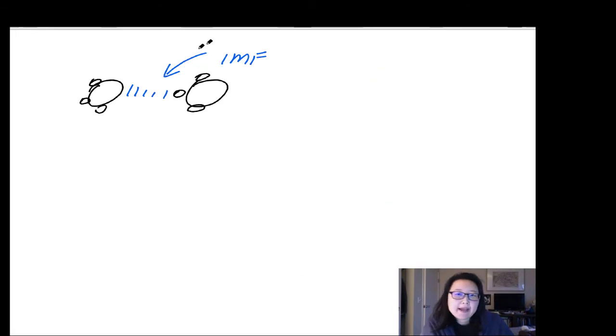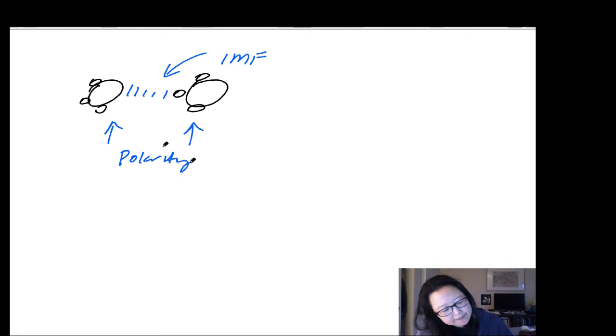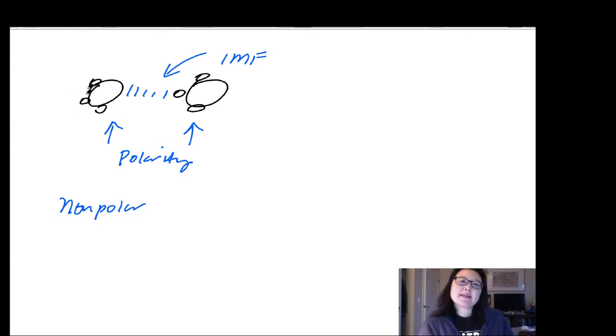The name of the IMF, or the type of IMF that's involved, is going to be based on the polarity of these molecules. And remember, like dissolves like. Okay, so if those two molecules are considered nonpolar, what tells me that this is nonpolar? I'm looking for the type of bonds that are involved here. Remember, the more polar bonds, the more polar the molecule, generally speaking.